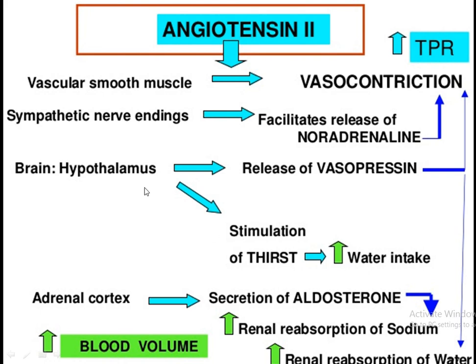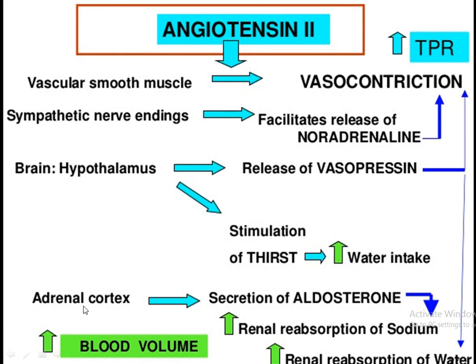And also near to that, we have specific nuclei and a specific thirst center, which is stimulated, and they are receiving the stimuli through the baroreceptors and the chemoreceptors. They are stimulating these cells or nuclei, and because of that the thirst center is also stimulated, and you search for water and drink more and more water to compensate.